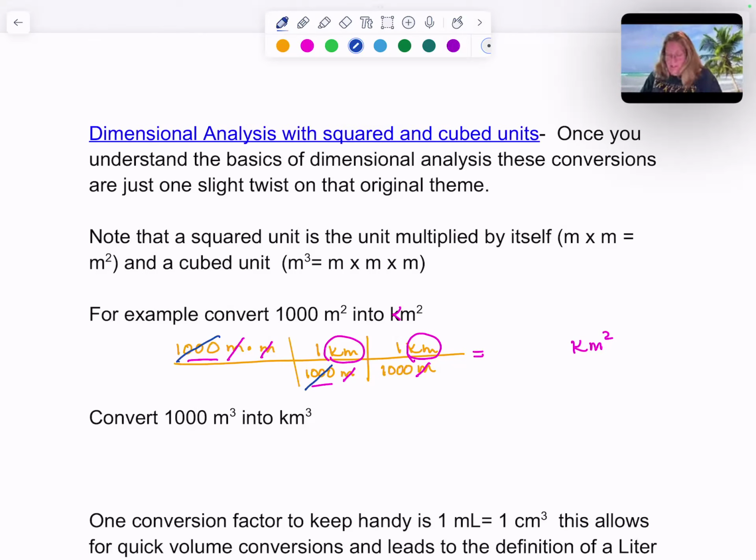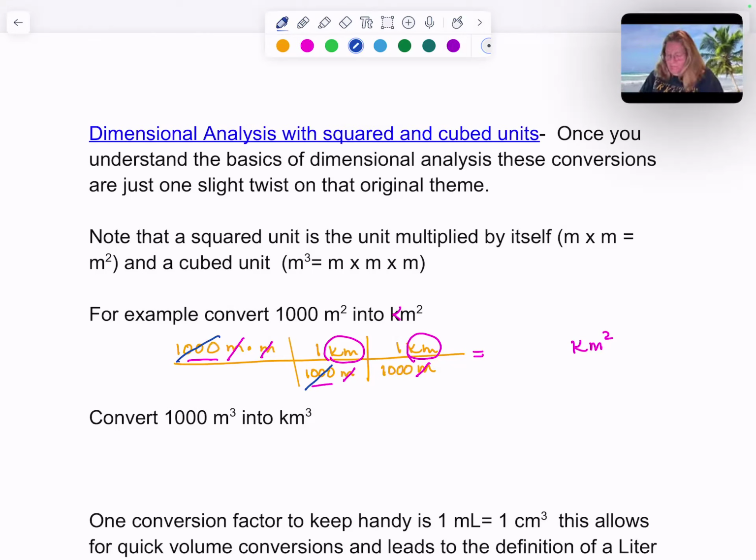And we're just going to have 1 over 1,000, which we're going to move the decimal over, which is going to give me 0.001 kilometers squared is my answer. Now, this is a metric to metric conversion, so our significant figures always work out. We had one significant figure in the given 1,000. We still have one significant figure here, so we've done our problem correctly.